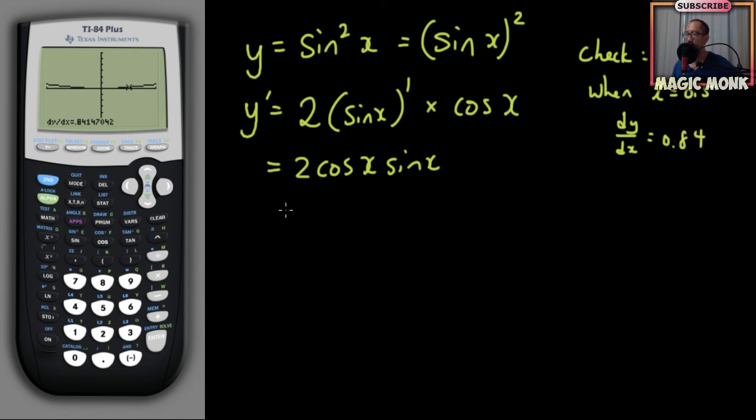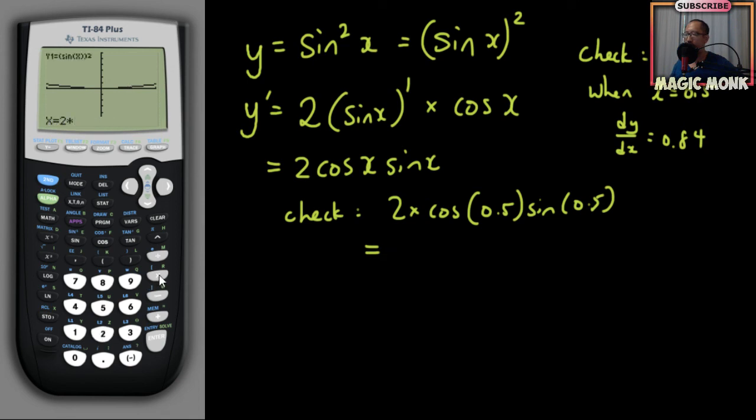And now let's type this in to do the check. 2 times cosine 0.5 times sine 0.5.